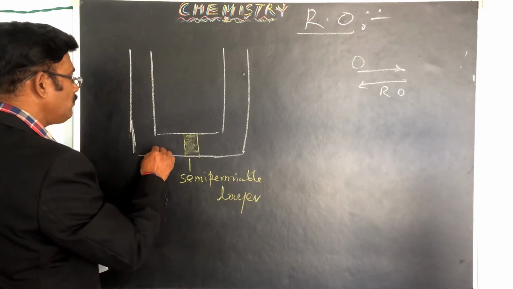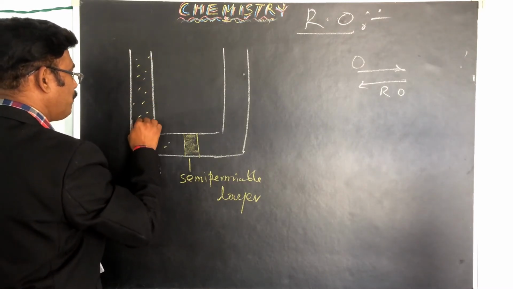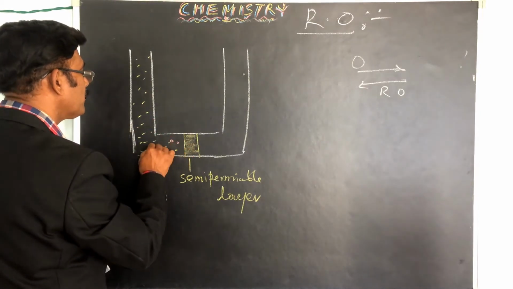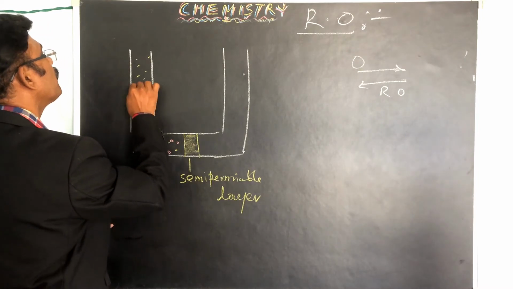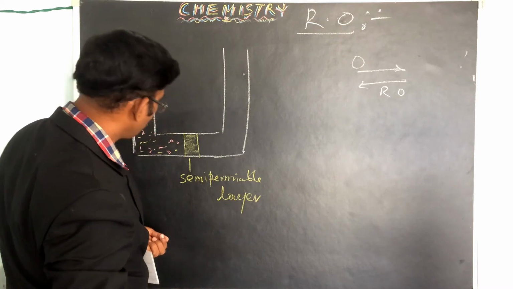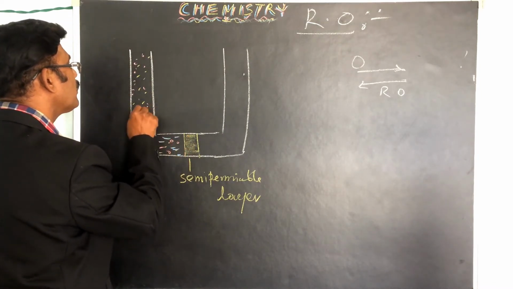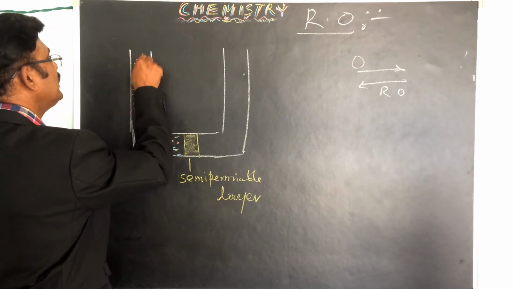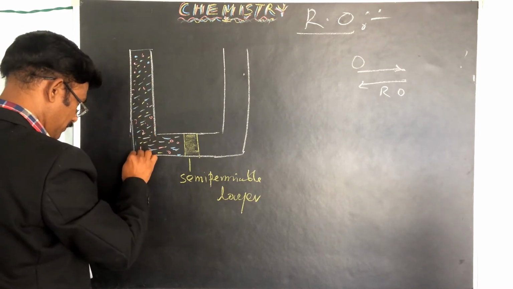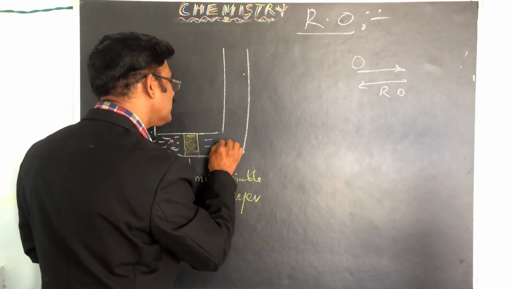And this is the contaminated water, or salt water, or brackish water; finally, we say the concentrated water. And this is the low concentrated water.